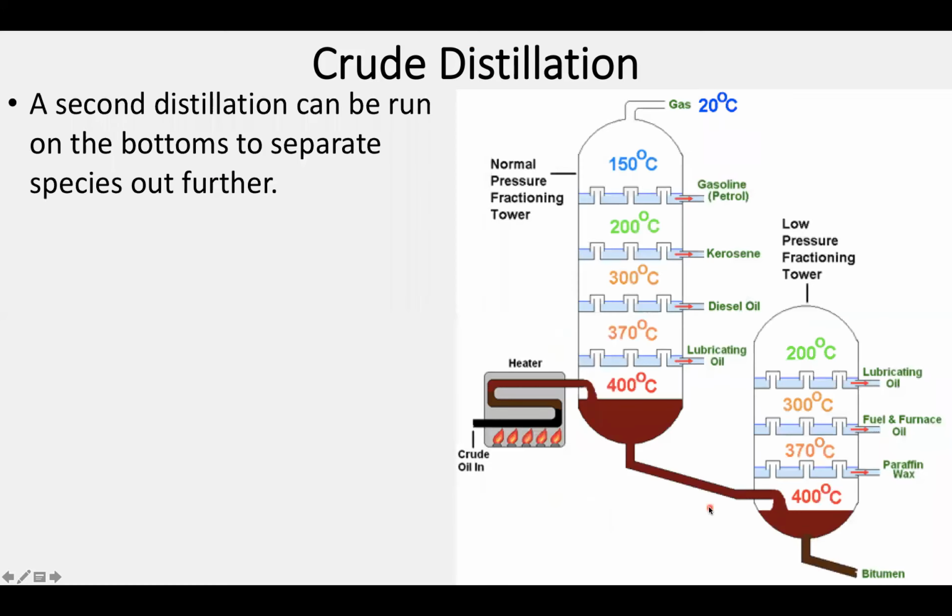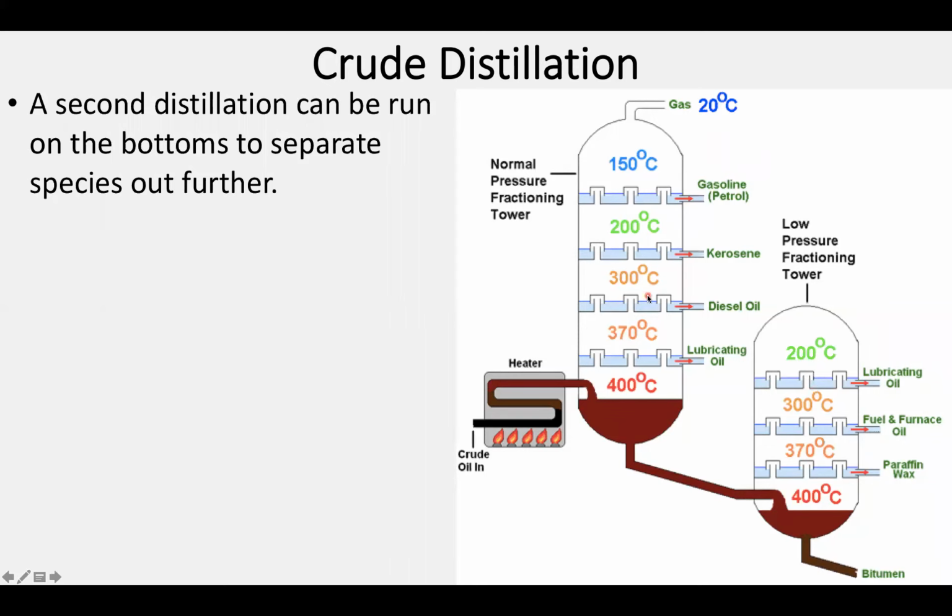However, if you want to go ahead and separate out the system a little bit more, you can essentially take all your asphalt down at the bottom. So this is anything that is still fairly liquid at 400 degrees C. You'll pull it out and you'll try and pull out some of your lighter components under vacuum distillation.